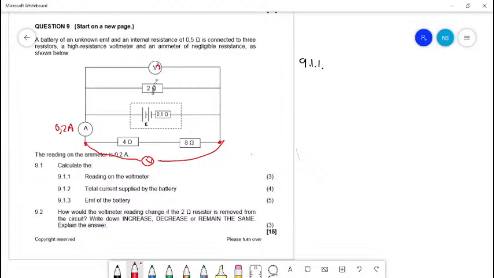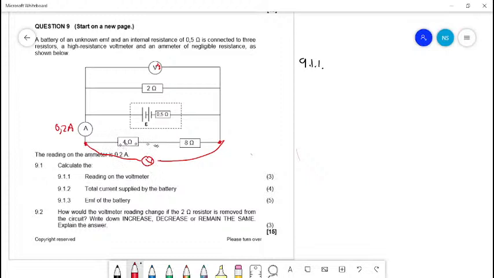The reason is that this branch is in parallel to everything that is in the circuit. If it's in parallel with everything in the circuit, it means the voltage will be the same. So we can calculate the voltmeter reading of this branch because we know the resistance and we also know the current that will pass in this branch.